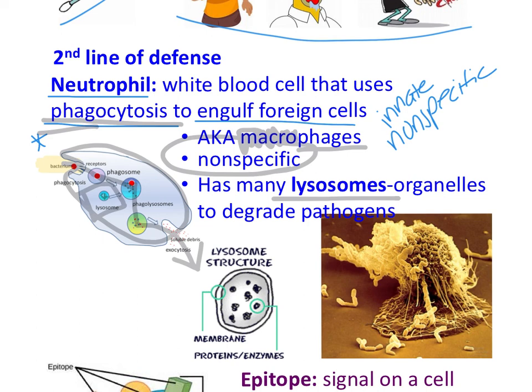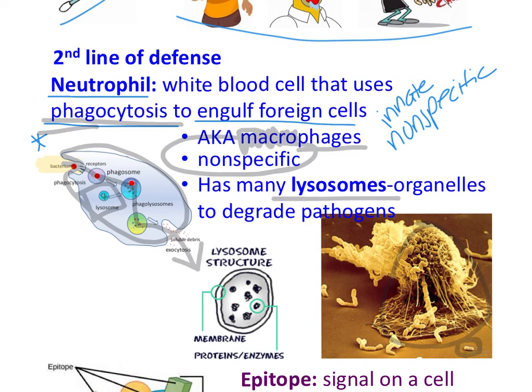So lysosome means to break. It's an organelle that will break apart that pathogen. Shown here on the bottom right is an actual picture of that, so you can again see just how big this particular white blood cell is in comparison to the bacteria cell.